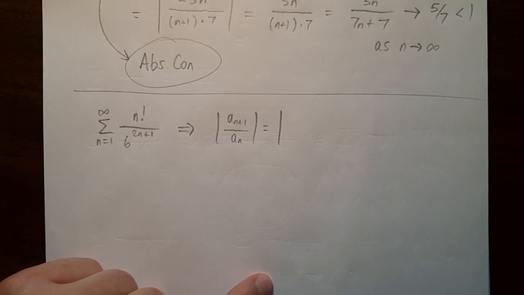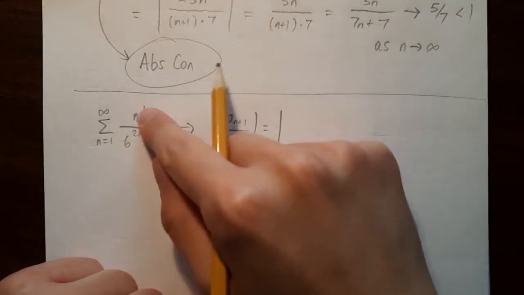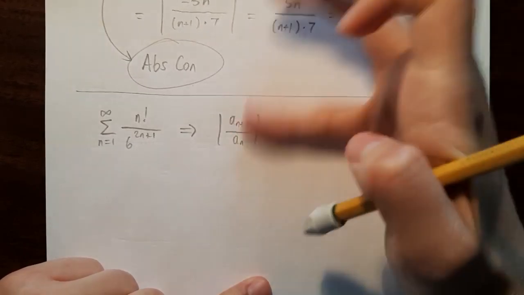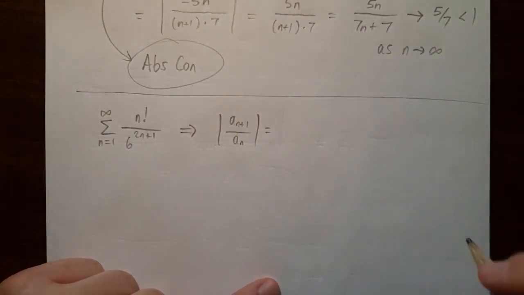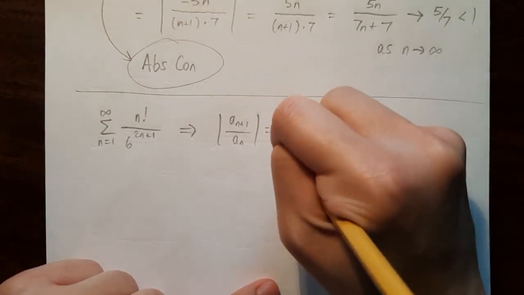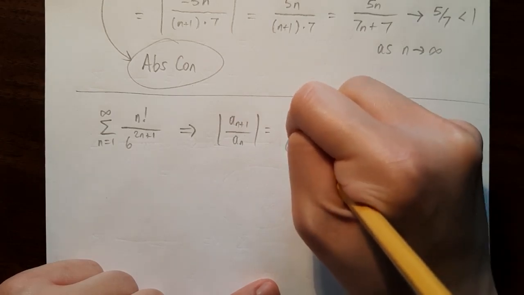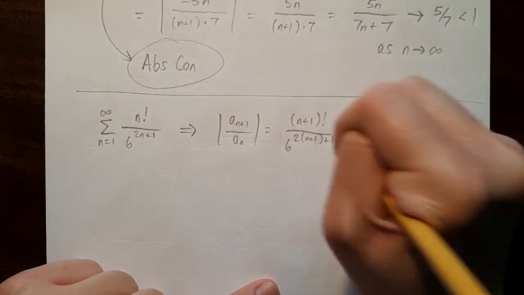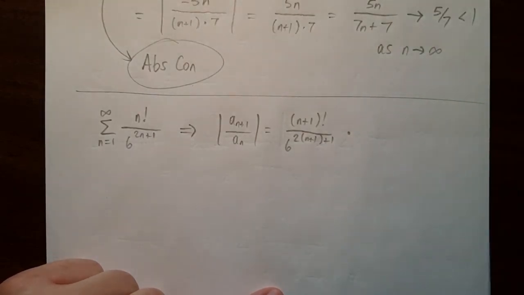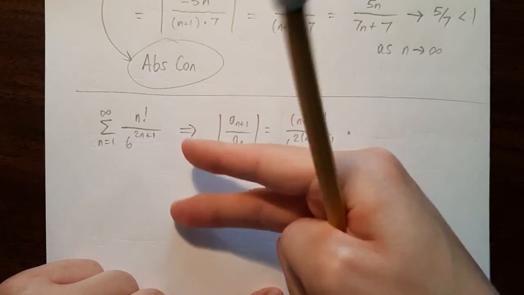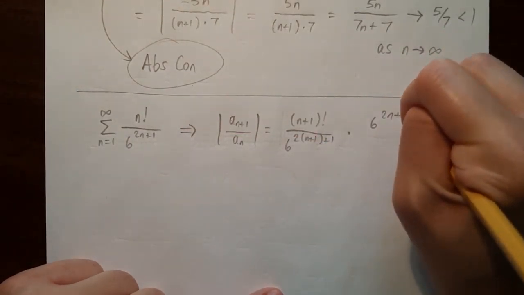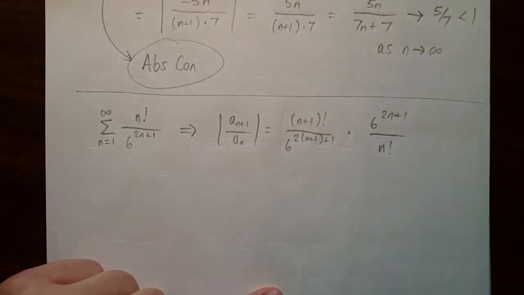In this case, I think all of the terms are already positive, so I don't think I even need to write an absolute value bar anymore. All right, so n plus 1, that's going to be n plus 1 factorial, divided by 6 to the power 2 times n plus 1 plus 1. And then I need to multiply by the reciprocal of the original, so that is 6 to the 2n plus 1 divided by plain vanilla n factorial.